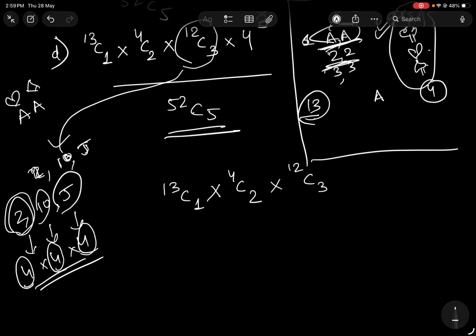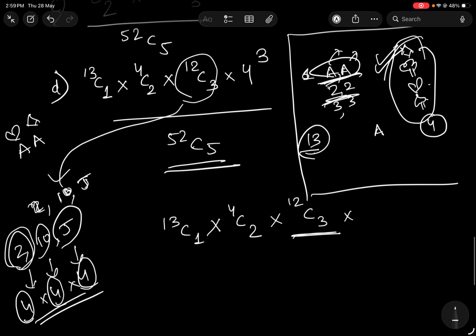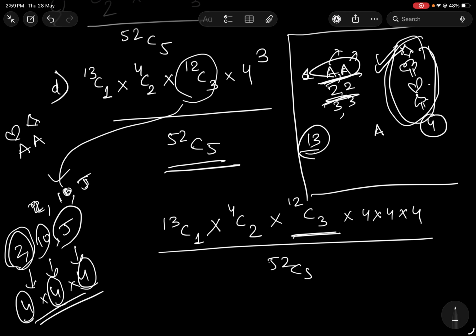Since I want only one pair, I have to choose 3 different numbers, so that's why I'm doing 12C3. I'm choosing 3 different numbers from the 12 leftover, and there are 4 cards for each of those, so I have to multiply with all the options that are there for those cards. So this is my probability.